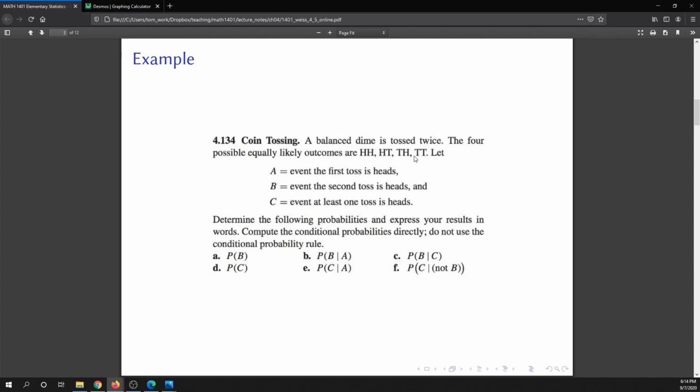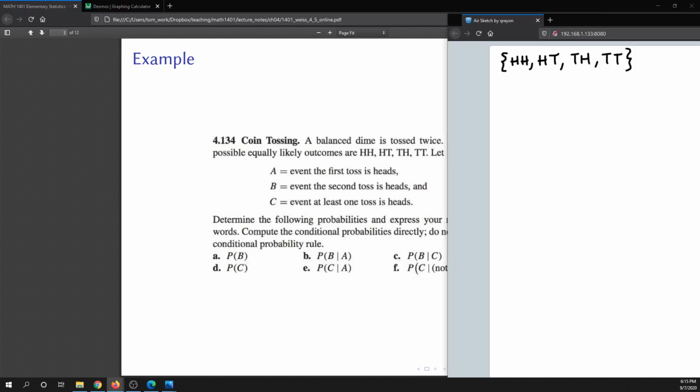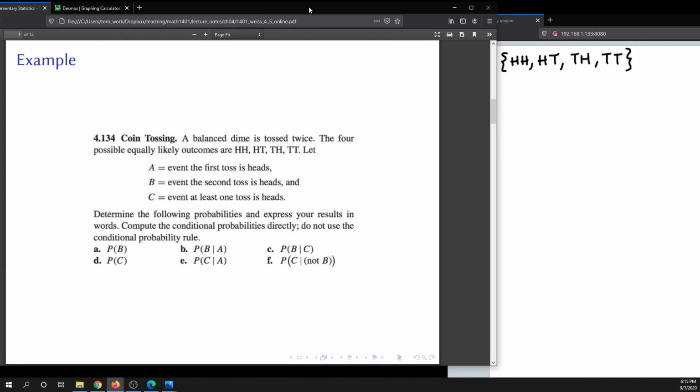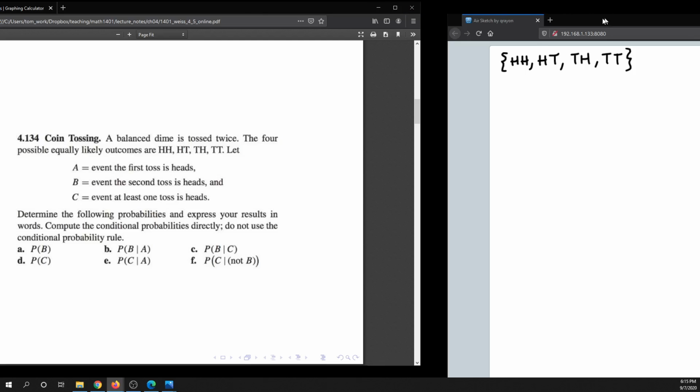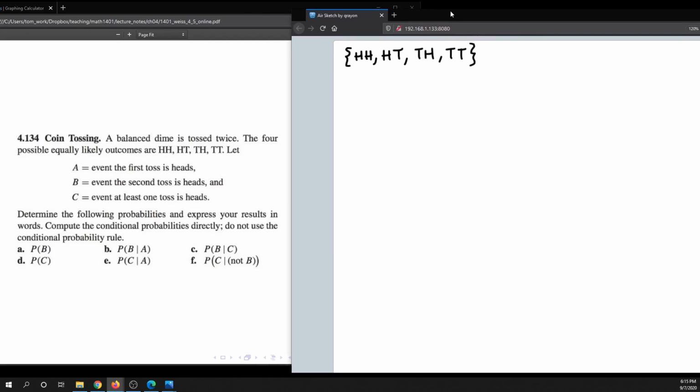So I'm going to go ahead and write all of these out. Now, if your sample space is large at all, then you're not going to be able to do it this way. If your sample space is big, then your events are probably going to be pretty big, and so writing them all out like I'm going to do here is really not feasible.